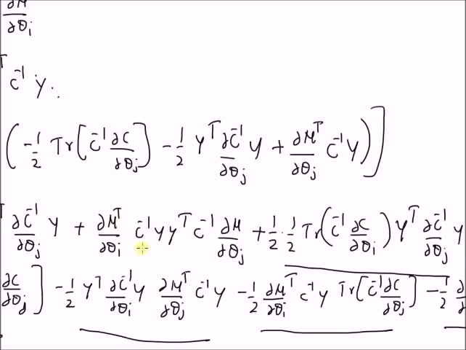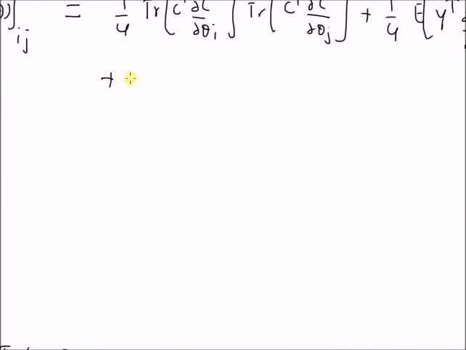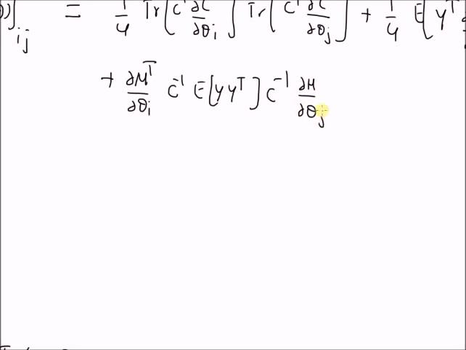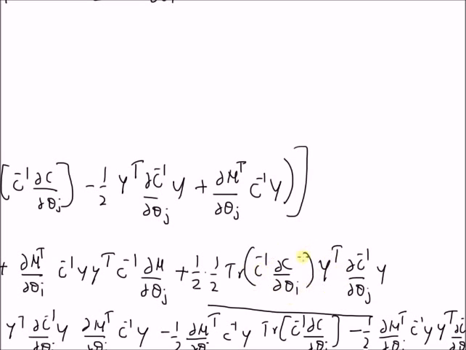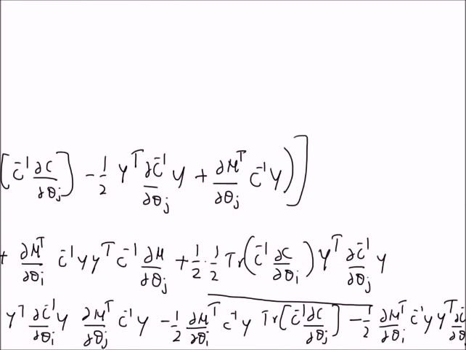The third term is given by the expectation of this product, which is plus derivative of the mu transpose with respect to theta I C inverse expectation of y into y transpose into C inverse derivative of mu with respect to theta j. And the last term is given by 2 times this product, which is 1 by 2 times the trace multiplied by the expectation of this product.